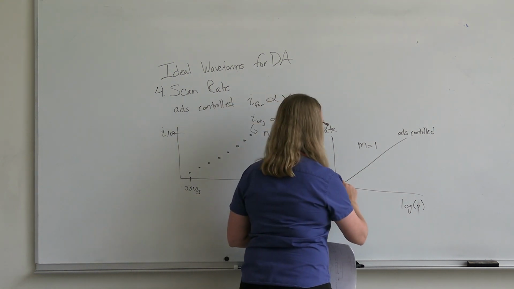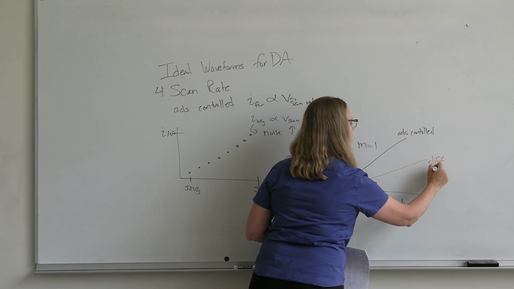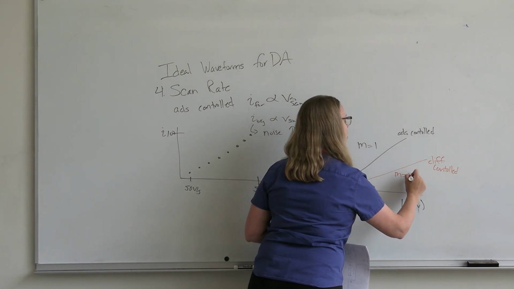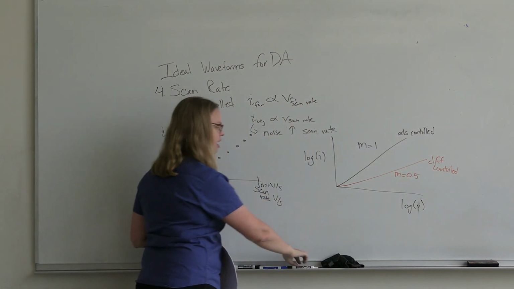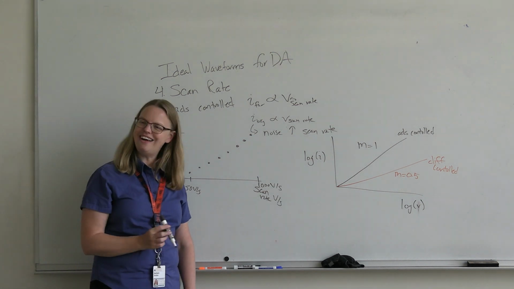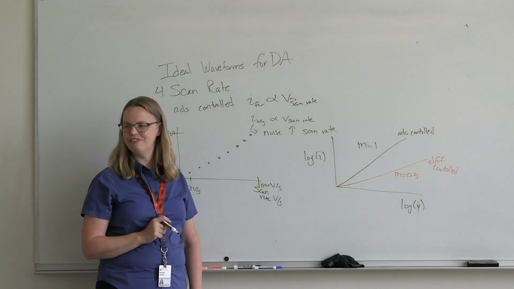But if you were to do something diffusion controlled, then you should end up with a slope of 0.5, right? Because that goes with the square root of scan rate. And then practically sometimes you get in the middle. That's a 0.75 slope. Great, we have a mixture of absorption and diffusion control.